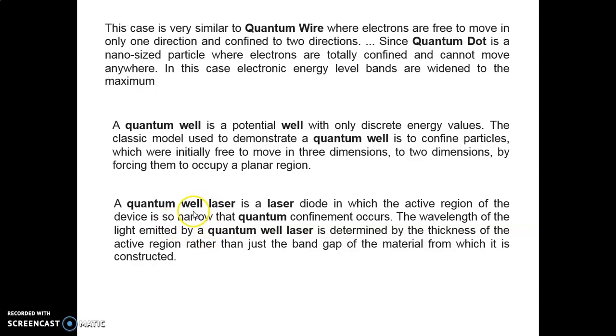The wavelength of the light emitted by a quantum well laser is determined by the thickness of the active region rather than just the band gap of the material from which it is constructed. That is one of the applications of the quantum well laser. Based on this definition, it will be used everywhere.